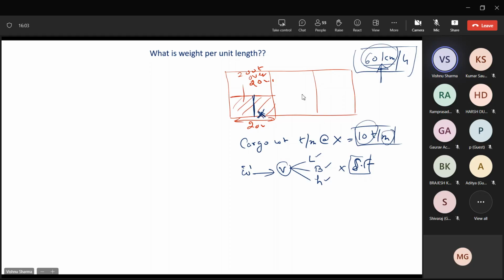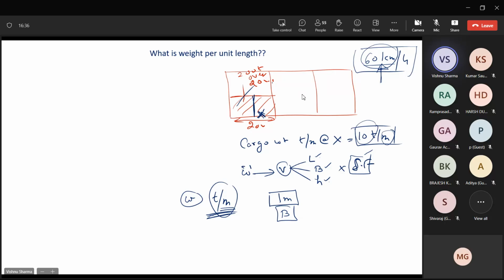Now, once the cargo is known, the stowage factor gets fixed depending on the cargo. When I'm asking what is the weight of the cargo in tons per meter, then out of L, B, H, which thing is frozen, guys? You're asking per meter. That means you're talking of weight over 1 meter. Yes or no? Correct. What is the breadth? Breadth is the breadth of the compartment, so that also does not change.